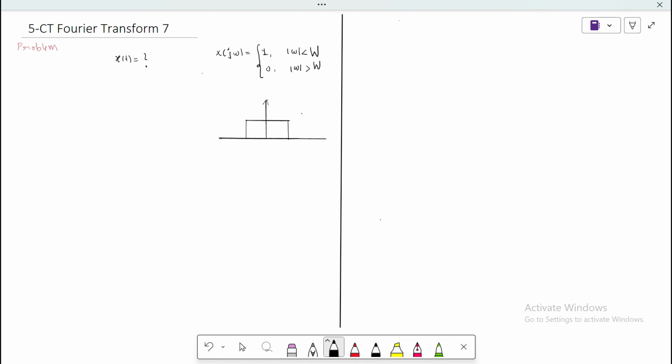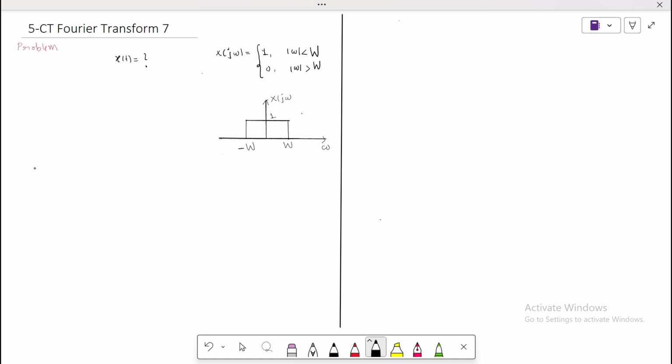X of j omega from minus W to plus W, the magnitude equals 1. This is called the inverse; we are doing the inverse Fourier transform, that is x of t.